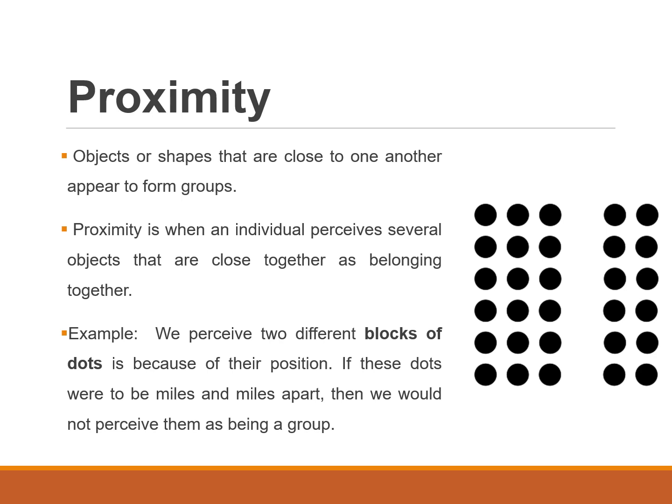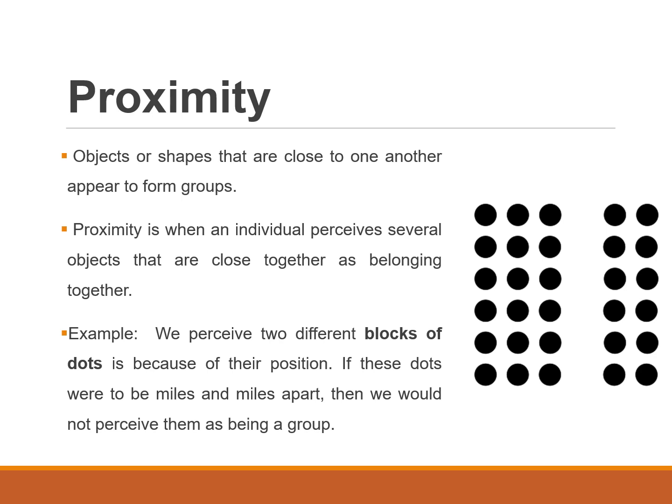In this picture, we perceive two different blocks of dots because of their position. But if these dots were miles and miles apart, then we would not perceive them as a group. Here the blocks of dots are closer together, that's why we perceive two different blocks of dots.